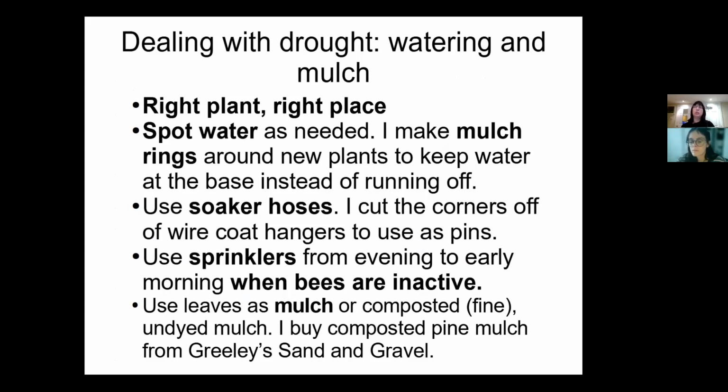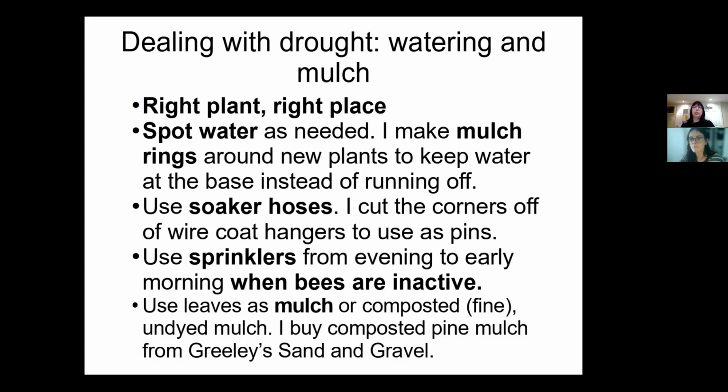Using soaker hoses, which I'm not using as much anymore. I'm trying to avoid plastic or rubber. Maybe these are rubber, but I also have a tendency to lose track of where they are, and then I sever them with the shovel, and then they're ruined and I have to throw them away. So I'm trying not to use them.